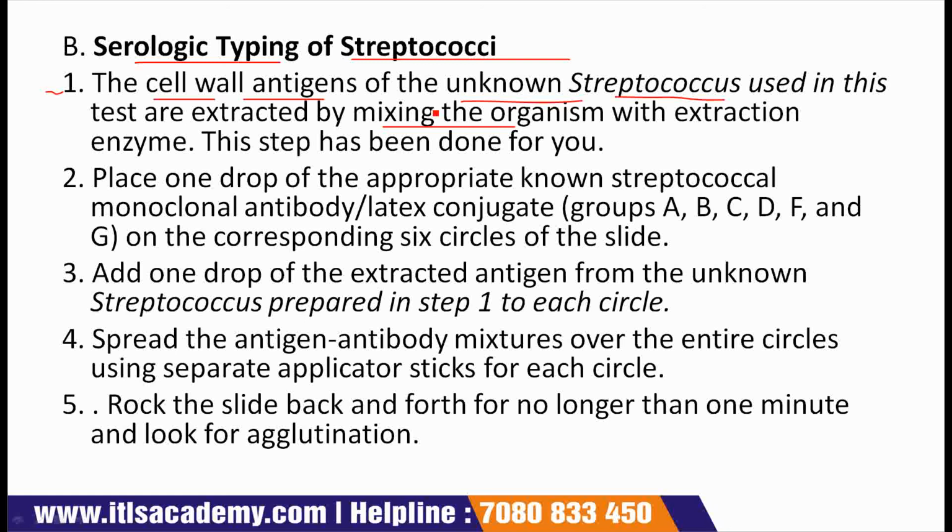This step has been done for you. Next step, place 1 drop of the appropriate known streptococcal monoclonal antibody or latex conjugate group A, B, C, D, F and G on the corresponding 6 circles on the slide.